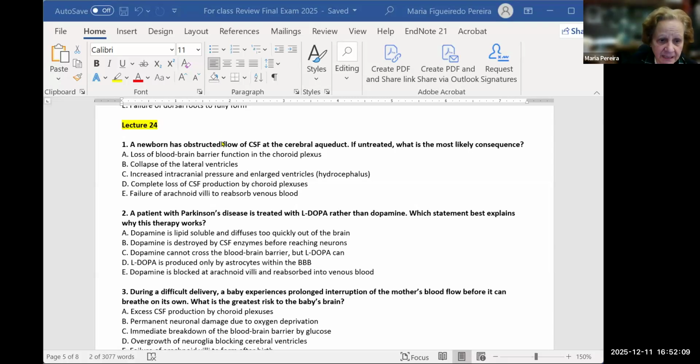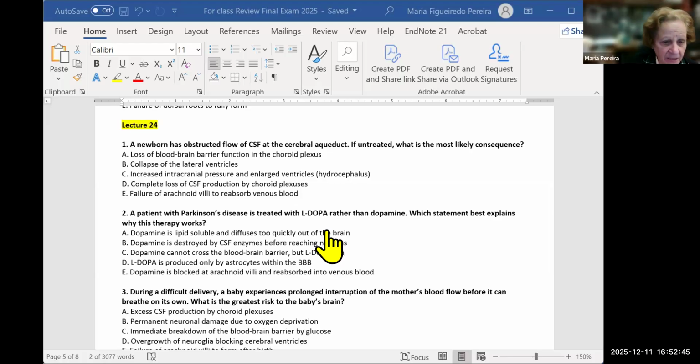So the CSF cannot flow through the aqueduct. If untreated, what is the most likely consequence? The cerebrospinal fluid cannot flow through the ventricles and the subarachnoid space. Therefore, it is going to accumulate and cause hydrocephalus, increased intracranial pressure, and enlarged ventricles because the CSF is accumulating there.